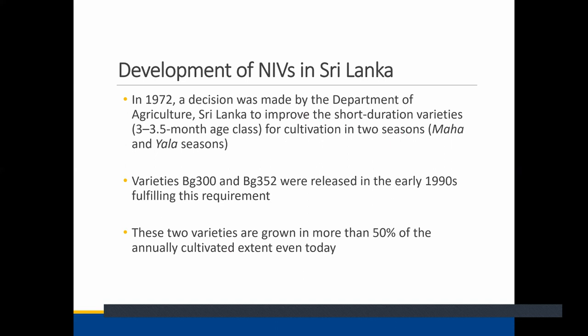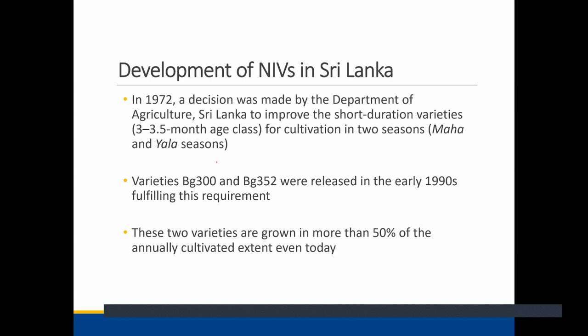They wanted to improve short duration varieties of 3.5 months. With this problem in mind, they developed BG 300 and BG 352 and released them in the early 1990s.